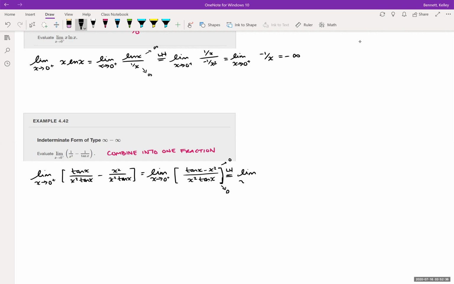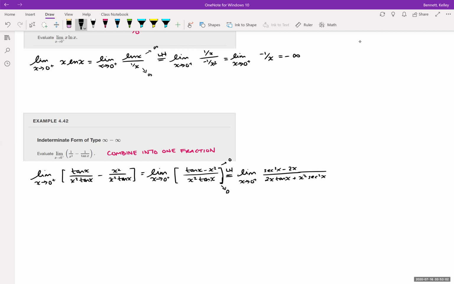Yay, because I can use L'Hopital's rule and just take the derivative. So again, limit as x goes to 0, but this time taking the derivative, so I'm going to get secant squared minus 2x over, and now I have to use the product rule. So this will be 2x tan x plus x squared secant squared x.